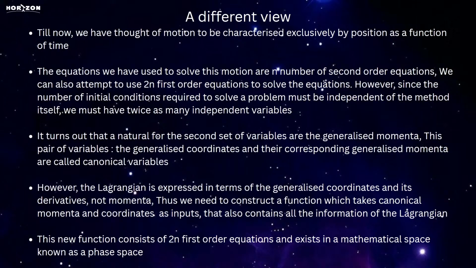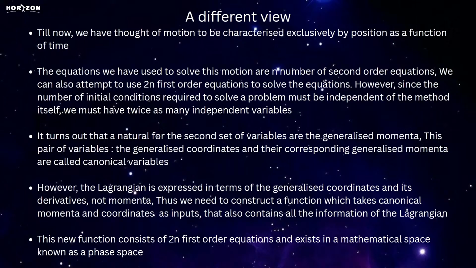Now, to switch to this first order framework, we will need to define 2n variables. n would be the generalized coordinates, and the other n would be the generalized momenta. These generalized coordinates and generalized momenta are called canonical variables. But we all know that the Lagrangian doesn't deal directly with momentum, so we need to construct a function that takes these canonical variables directly.